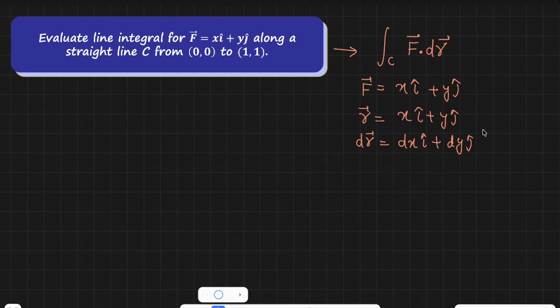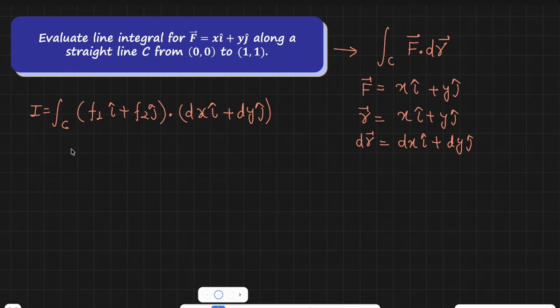So f dot dr, along this curve C, is called the line integral along this curve C. f will always be f1 i cap plus f2 j cap, and this is your dx i cap plus dy j cap. So simply I can write this as f1 dx plus f2 dy, and the limit will be according to this C.